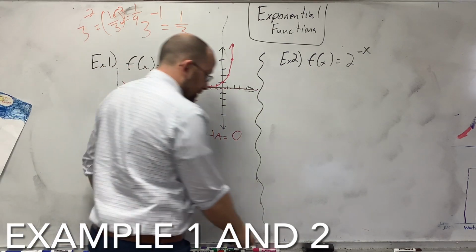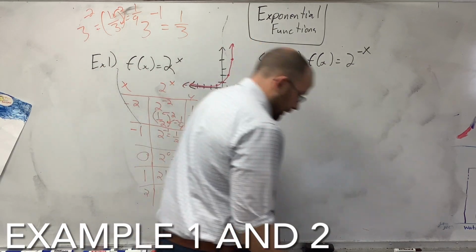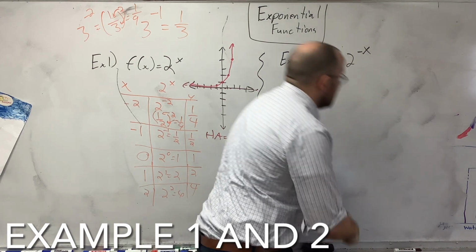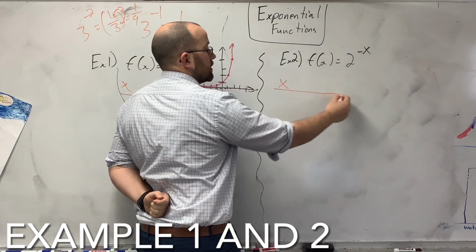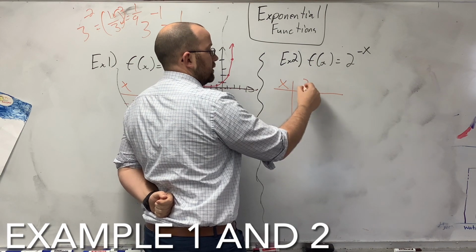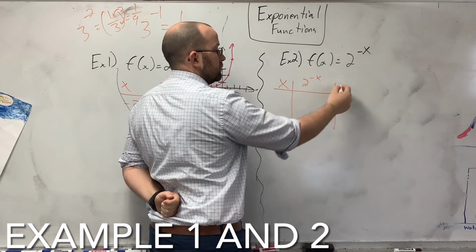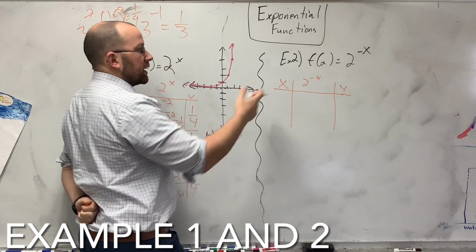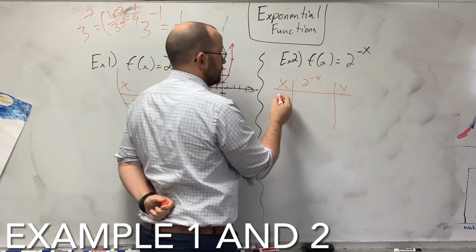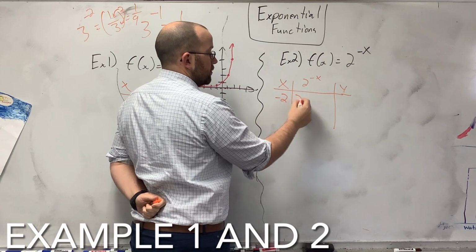So let's go to this one. X and Y, we'll do the same thing again, but it's going to be different just because of that negative right there. So I have -2.